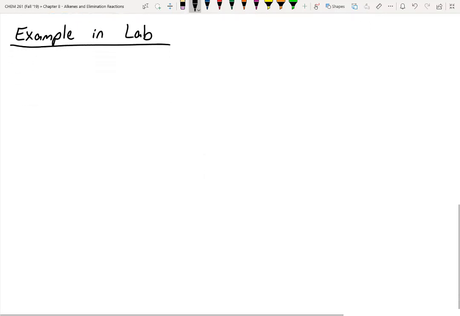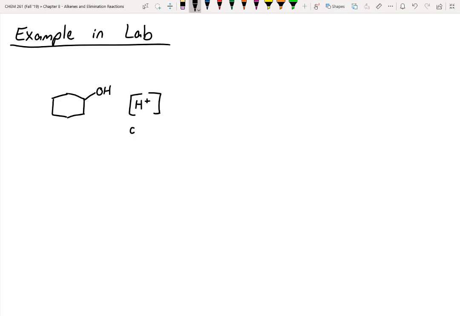In lab, if you have lab either this Thursday or this Friday, we're going to be working with an alcohol, cyclohexanol, and we're going to treat this with a catalytic amount of acid. I'm just going to call this H+, catalytic acid.